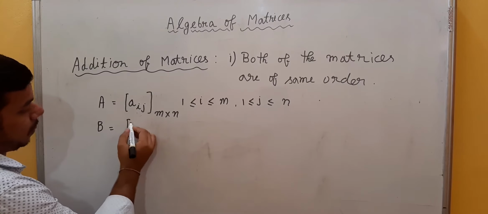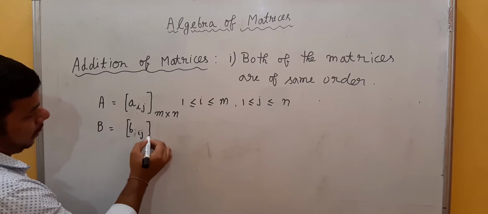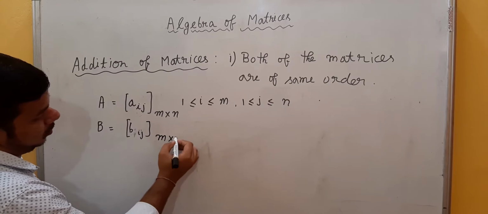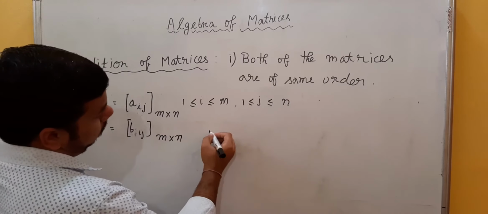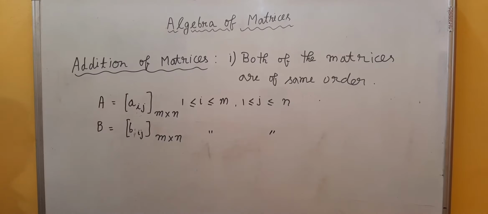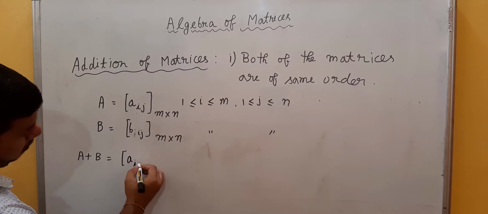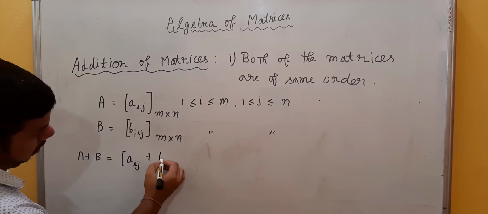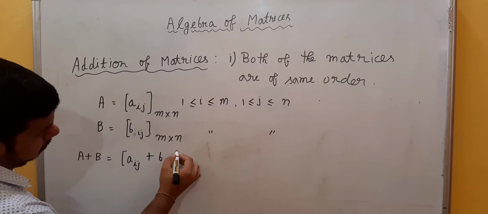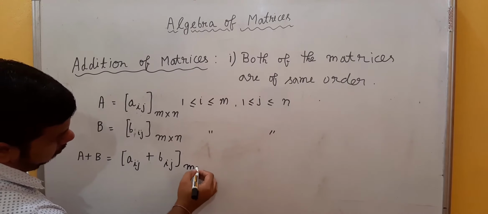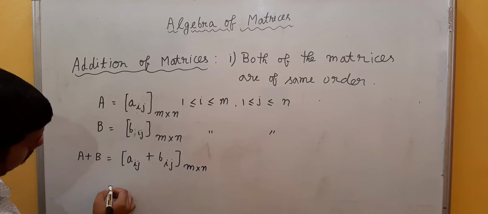Bij, its order is also m cross n, with i and j varying the same way. Now A plus B can be expressed as aij plus bij, m cross n.